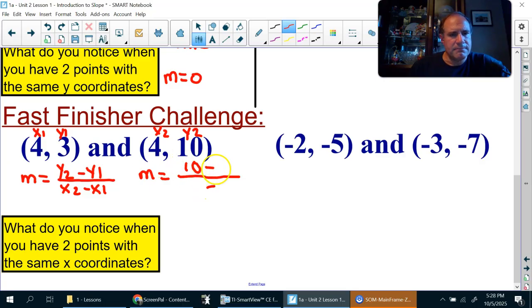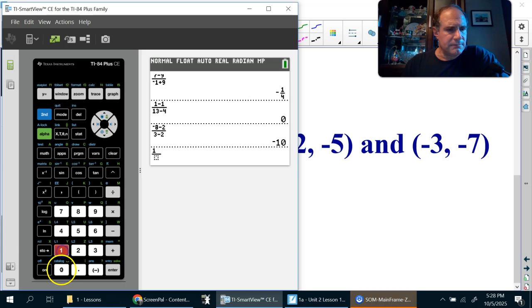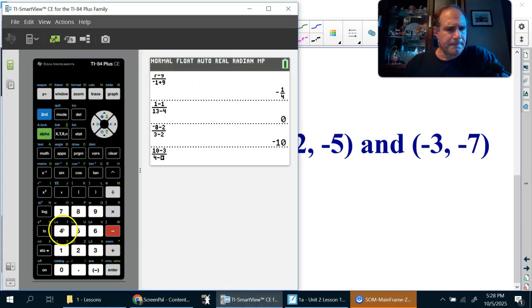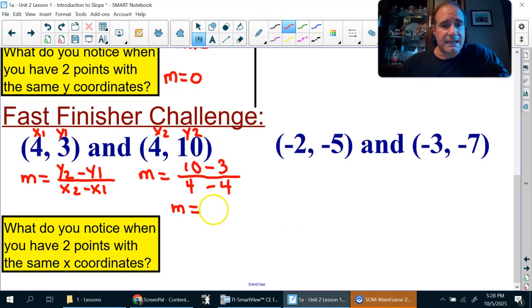And then 10 minus 3, y2 minus y1, and x2 minus x1. So we'll see what happens now. We have 10 minus 3, and I think it's 4 minus 4 on the bottom. And we have a divide by 0 error, and that is undefined. Remember, you cannot divide by 0.